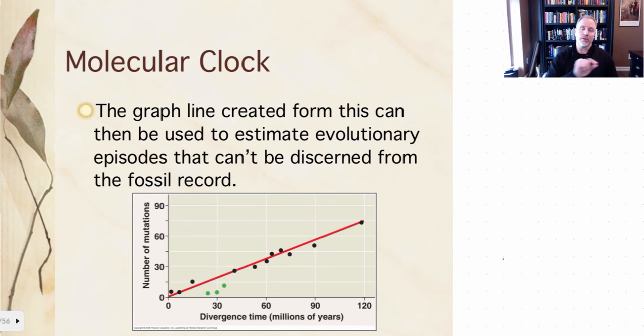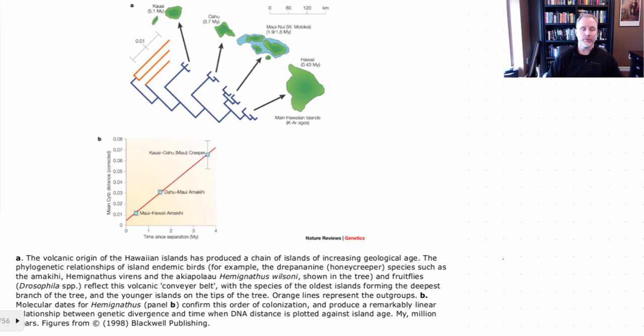Okay, and we can draw a line of best fit based on the data that we have, and then we can look at the number of mutations that have occurred, the divergence that has occurred through time, and piece together some of these evolutionary events and give us a better picture and maybe guide us in the right direction of where to go to look at the evolutionary relatedness of these particular types of organisms.